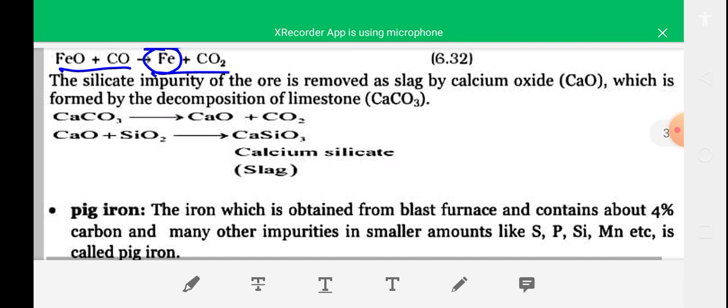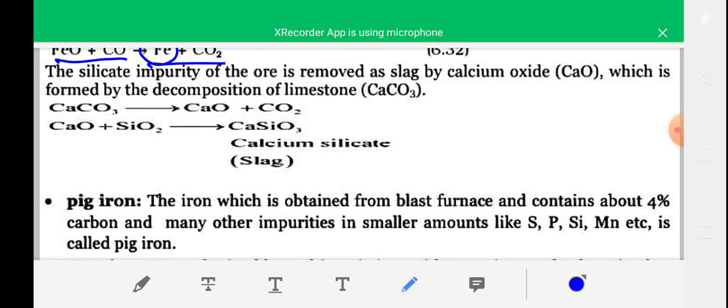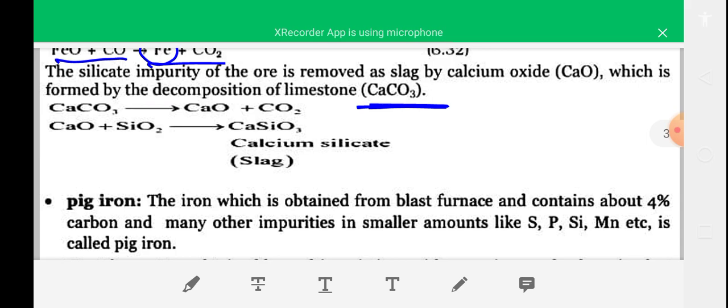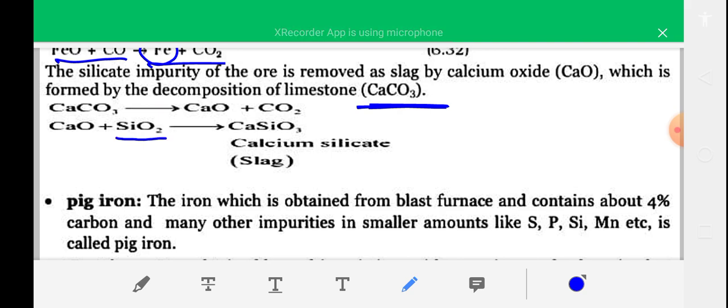During extraction of iron, coke is used as the reducing agent and limestone is used as flux, because in the hematite ore of iron, silica is present as an impurity.